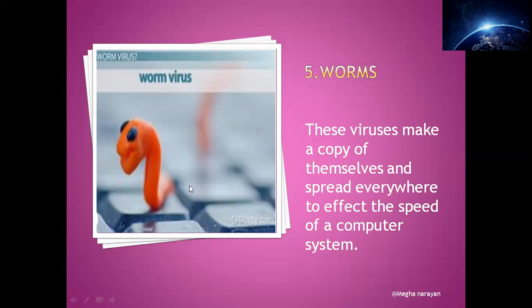It has spread into your entire system. So worms make copies of themselves, spread everywhere to affect the speed of a computer system, and this is the final type of virus that we were discussing.